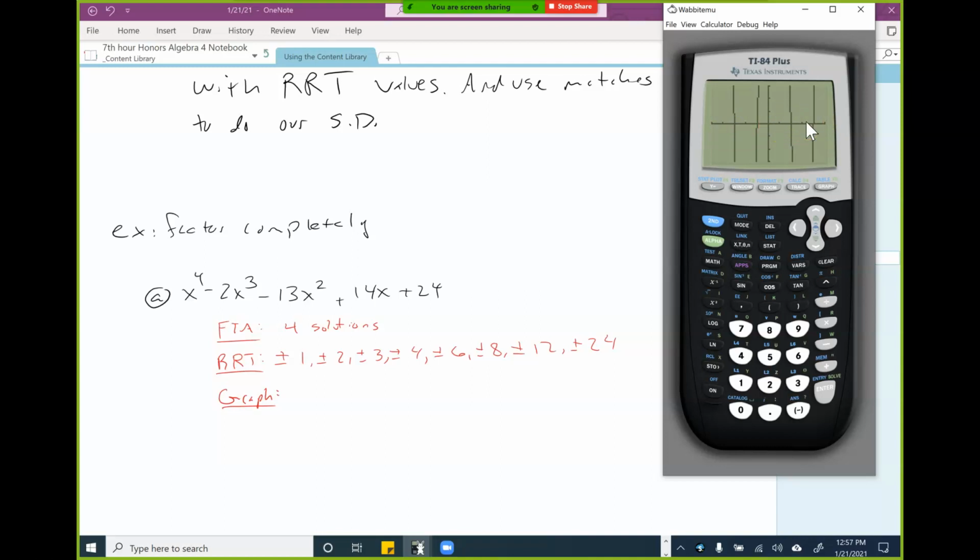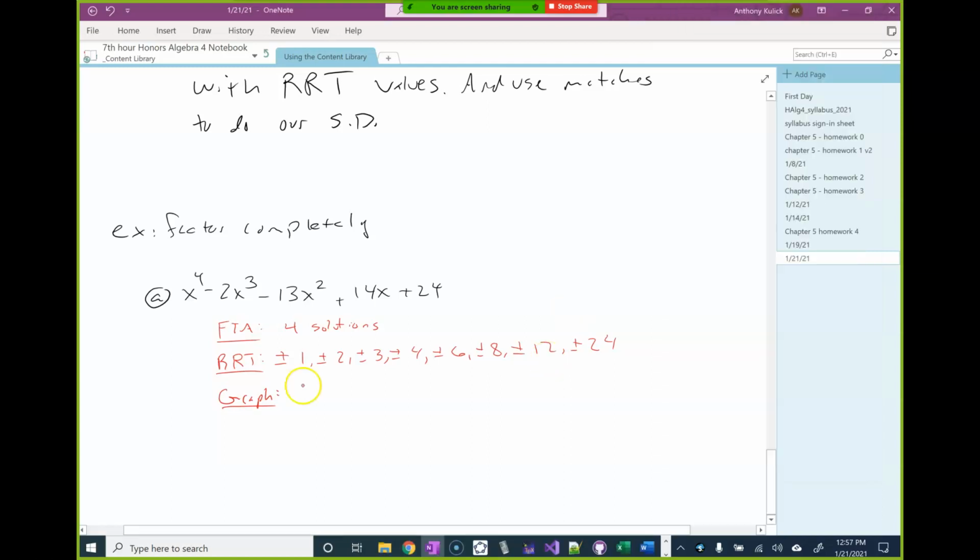And I'm going to check now to see if any of these are also on my RRT list. Well, negative 3 is, negative 1 is, positive 2 is, and positive 4 is. Everybody see that? So that means that any one of these would be a good place to start my synthetic division.